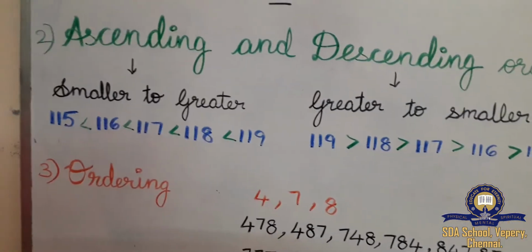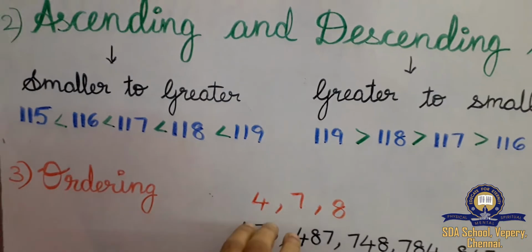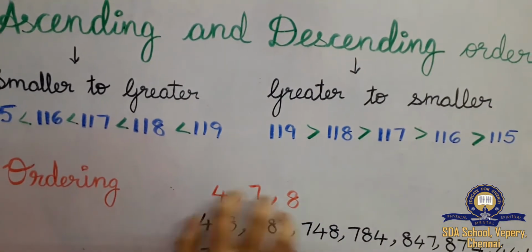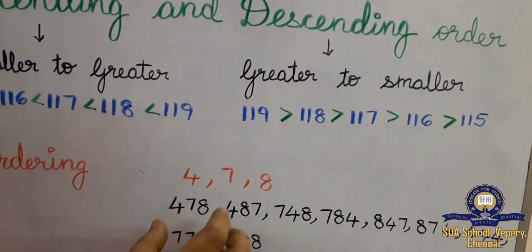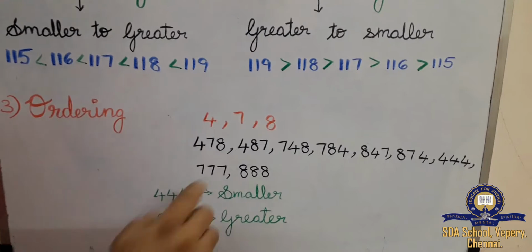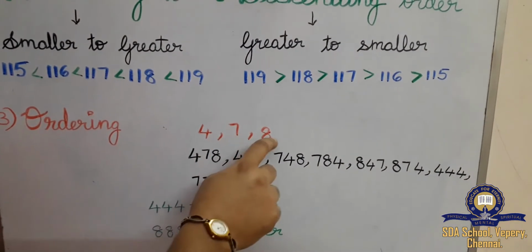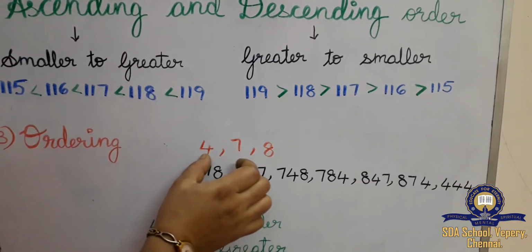And the third one what we have discussed is ordering. Ordering is nothing but they will be giving 2-digit or 3-digit numbers, and we have to form each number. Okay, see, 4, 7, 8. So what new number can I form using 4, 7, 8?